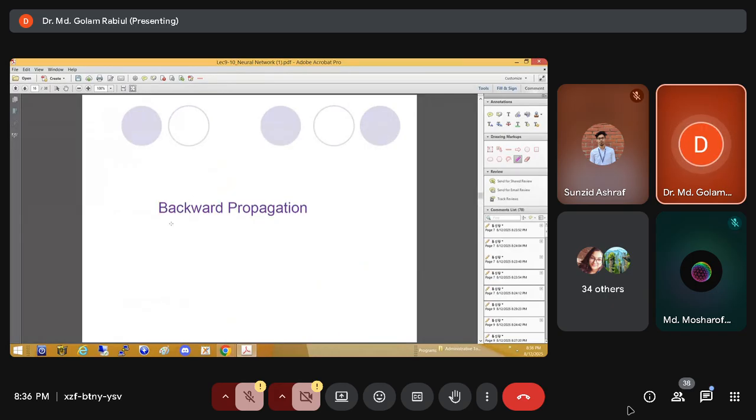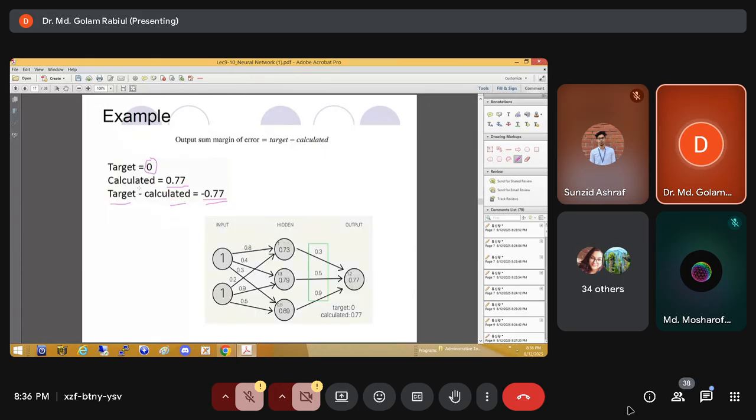Now in backward propagation, we have to start from here. At first, we need to calculate the error, target minus calculated. The target of our backward propagation is to update the weights to minimize the error. The error is negative 0.77.